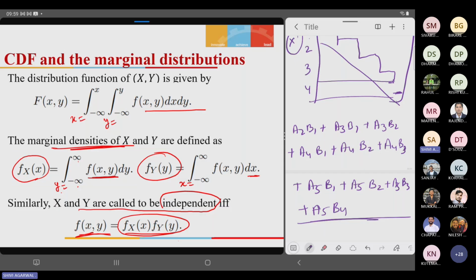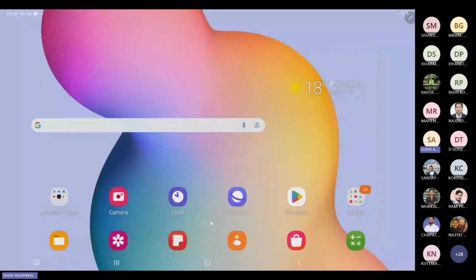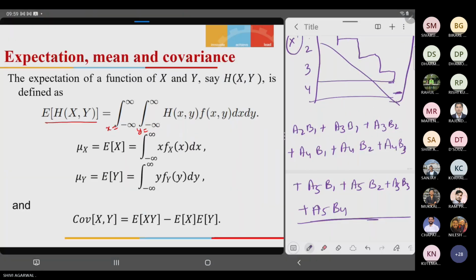Expectation, the same thing as we have done. So the expected value of h(x,y) is what? x from minus infinity to infinity, y from minus infinity to infinity, h(x,y) multiplied by f(x,y), and we are just doing the two-times integration here. So when we are taking mu x only, that is what? The expected value of x alone.